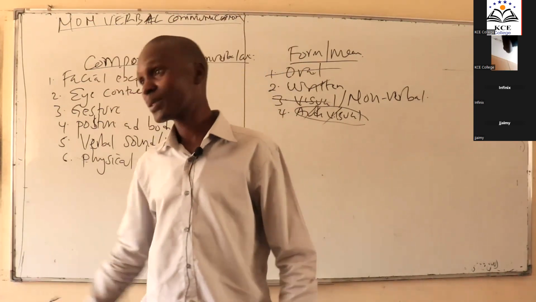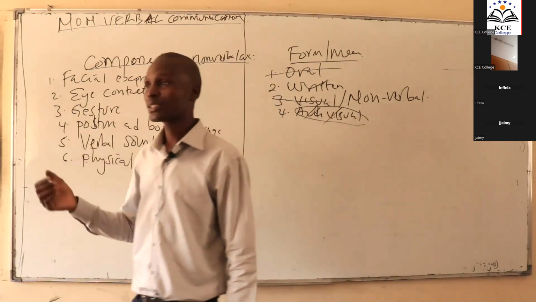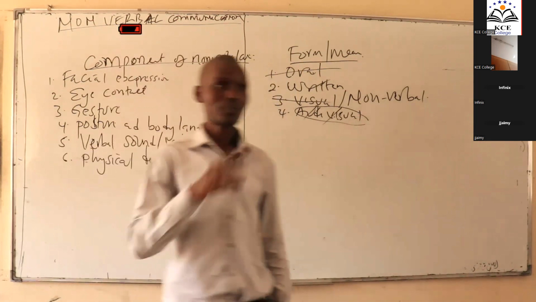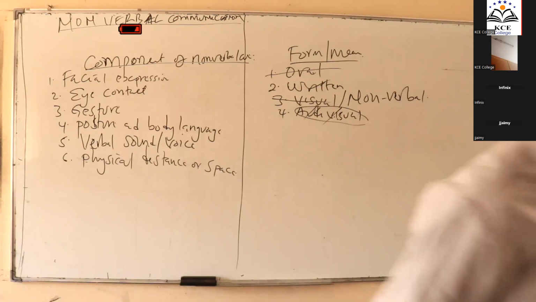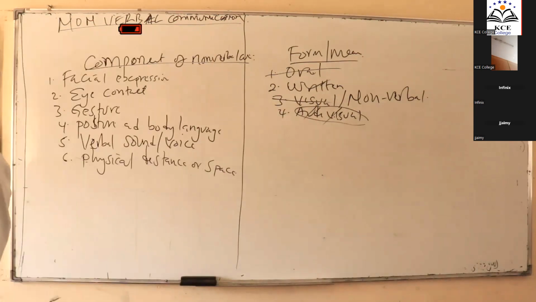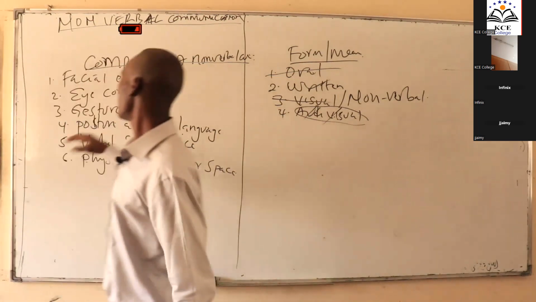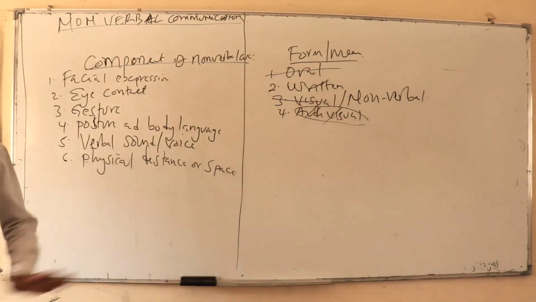That distance or space is also communicating something. Maybe these people are relatives, or maybe they are in love or something like that. To you who are not them, it communicates something, and those are the cues of nonverbal communication.